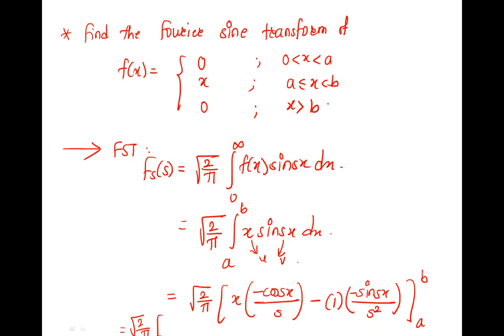Upper limit is b, so all the x are now b, so it is minus b cos sb upon s, minus minus plus sine sb upon s square, upper limit done, minus lower limit, x is now a, so minus a cos sa upon s, minus minus plus sine sa upon s square. Yes. So if you want, finally you can write it as minus minus plus, plus minus minus, and that will be the answer.